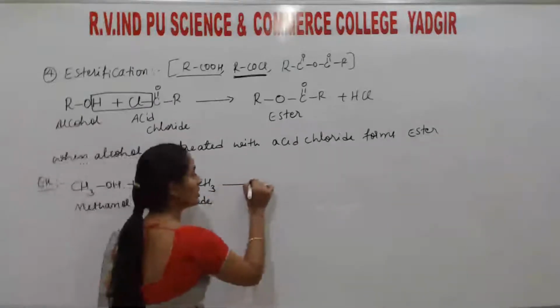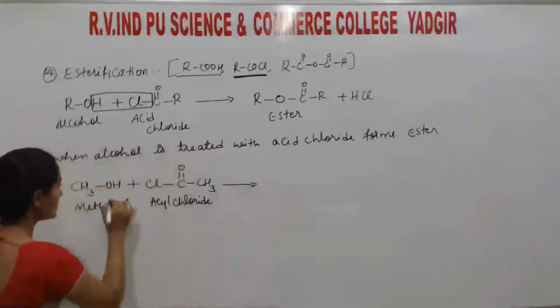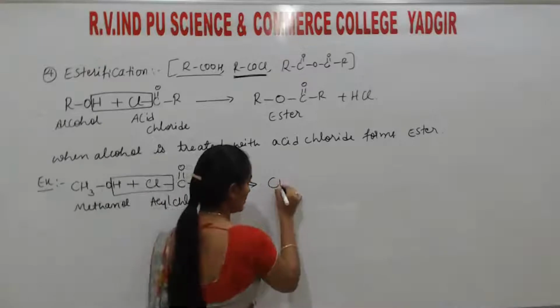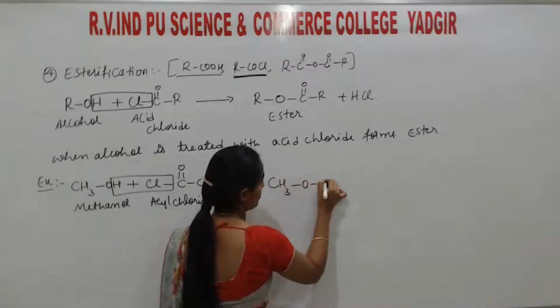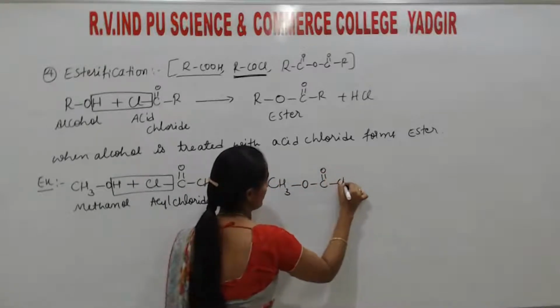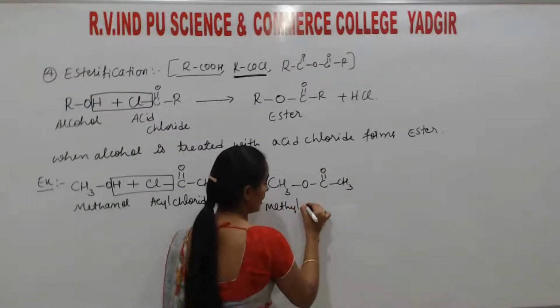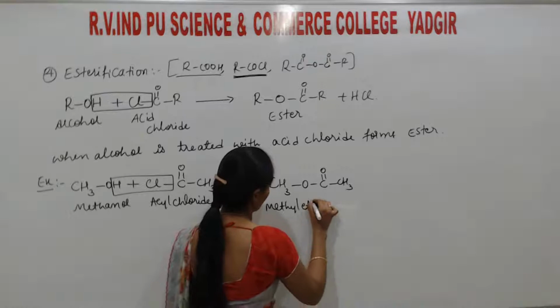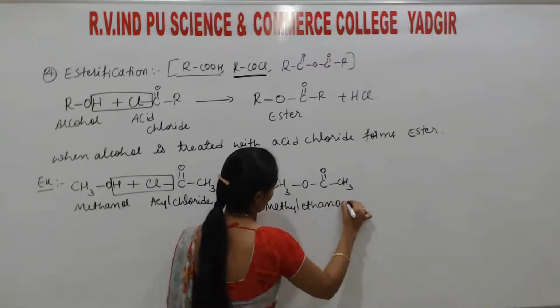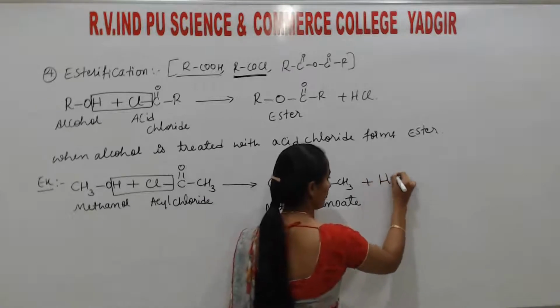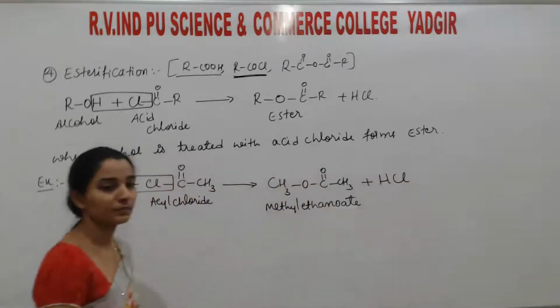So here, what is the reagent formed? Of course, HCl is removed. Then it is CH3 C double bond O, the methyl ethanoate ester, and the liberation of HCl.